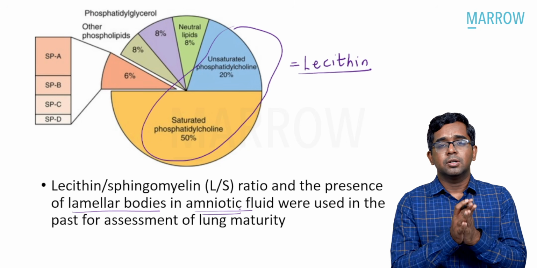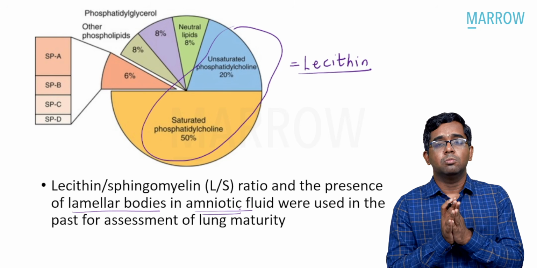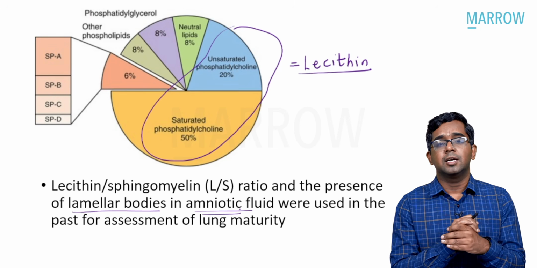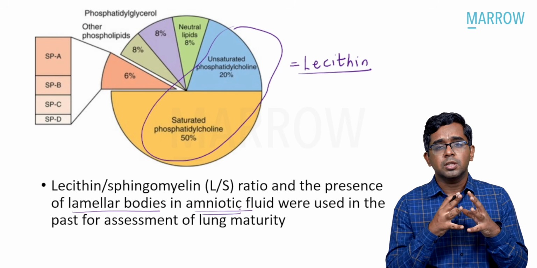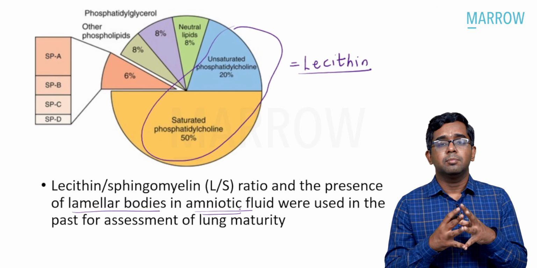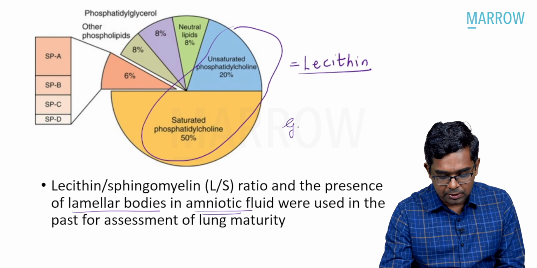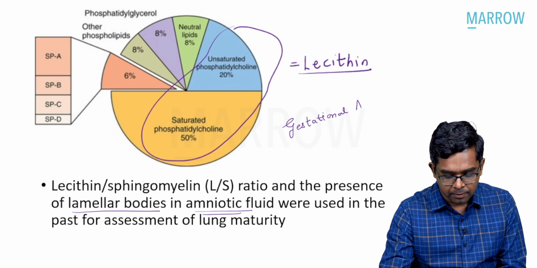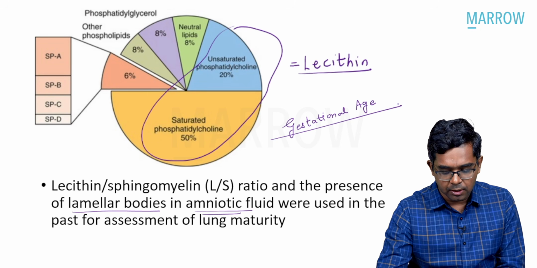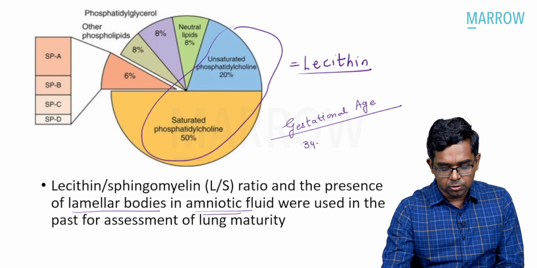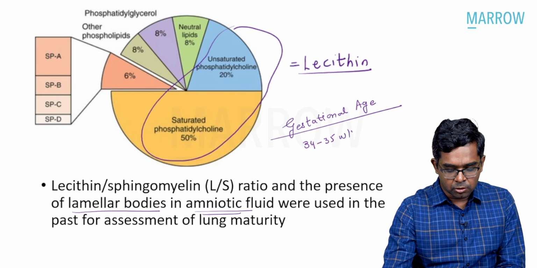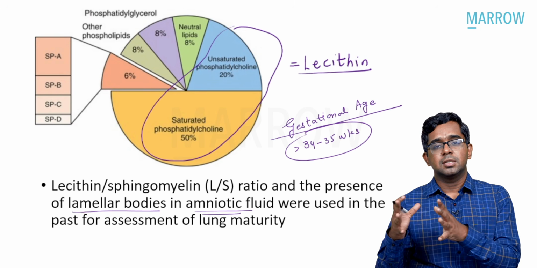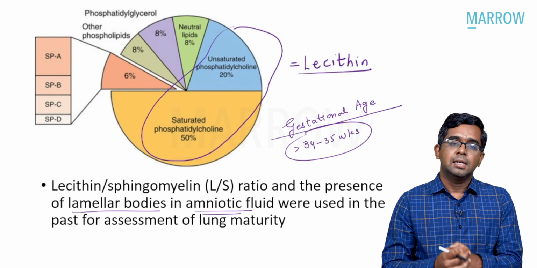But please remember, nowadays these tests are almost obsolete because we do not depend on them to assess fetal lung maturity. One of the most important indicators of fetal lung maturity is the gestational age itself. This is an important point. Gestational age beyond 34 to 35 weeks tells you that the surfactant is already mature and the chance of RDS is very, very low.